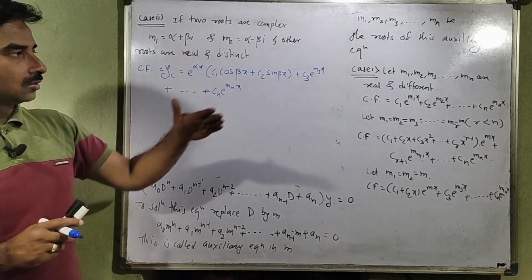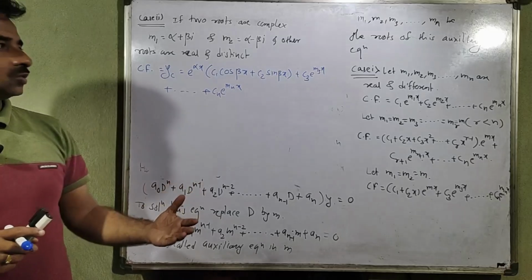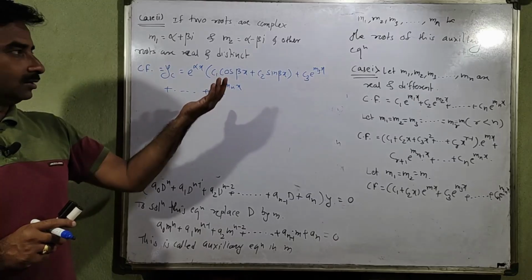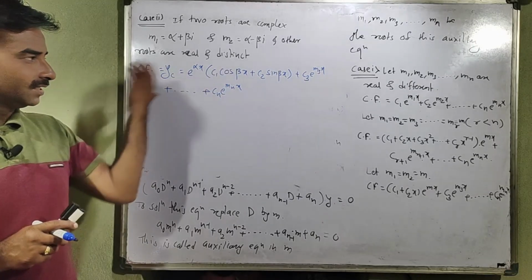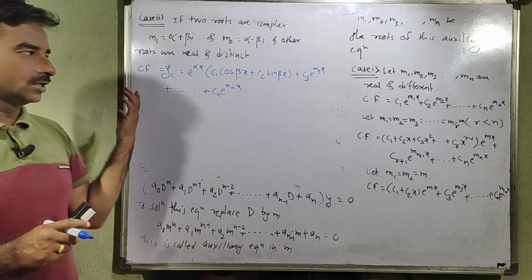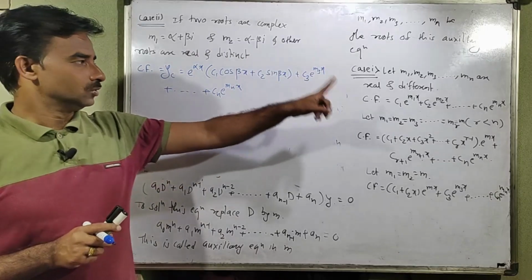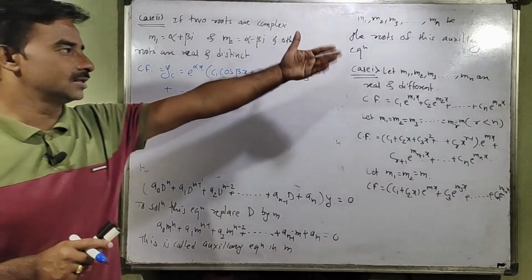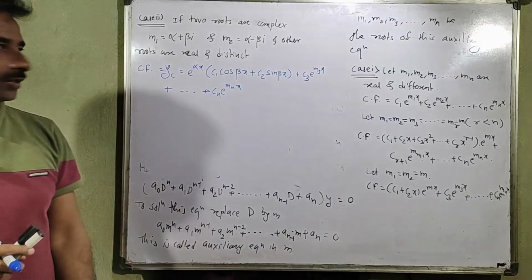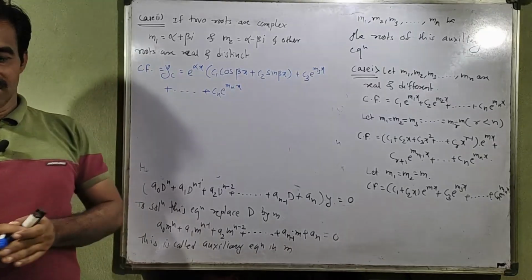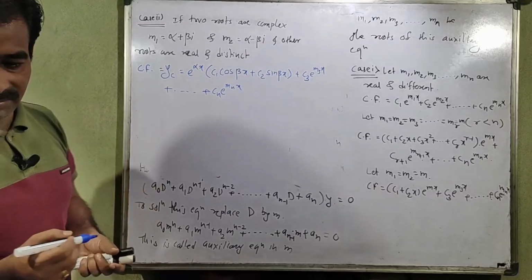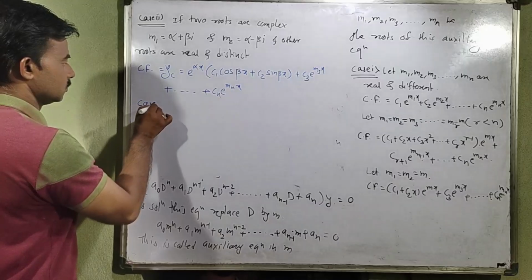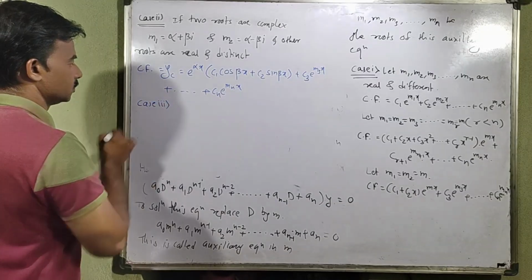Then all other roots are real and distinct, so we skip these two constants c1 and c2 and go through c3, c4 up to cn as in case number 1. Okay, this is your case number 2. Then case number 3 is here.